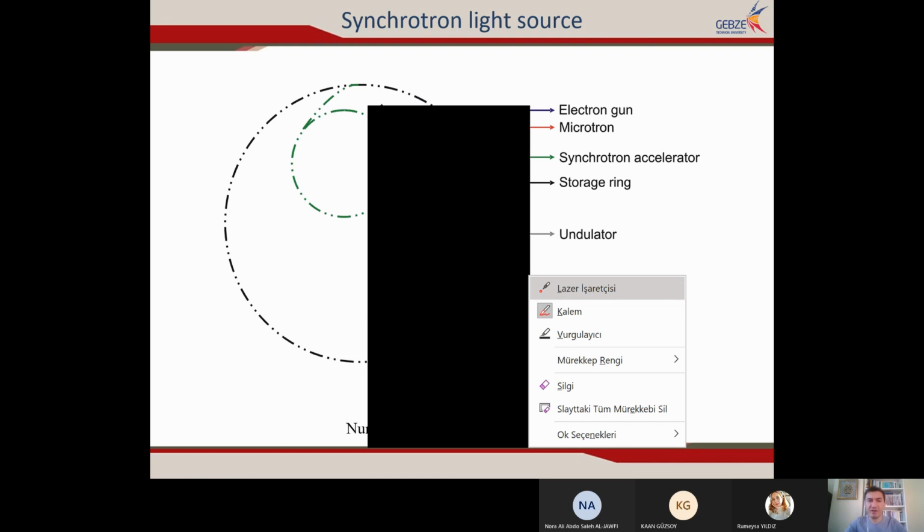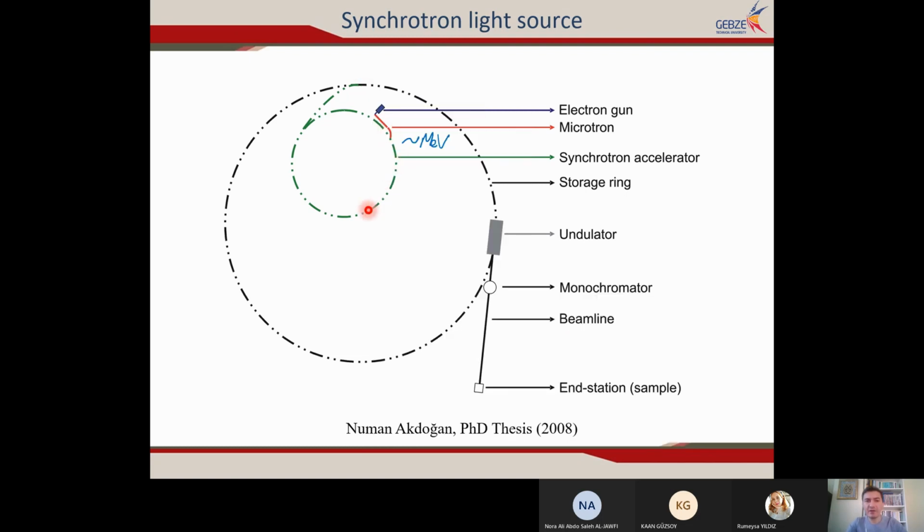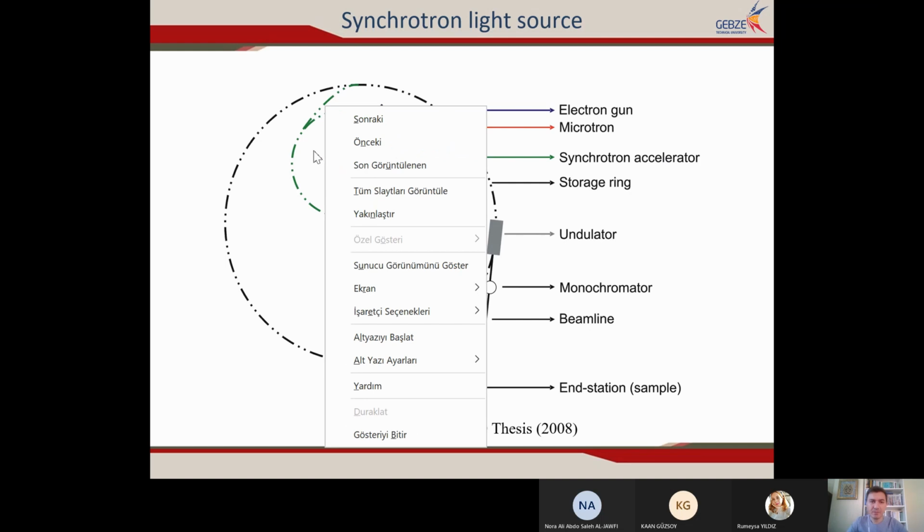In the linear stage. Then here we have a circular stage, which is called the Synchrotron Accelerator. So these electrons coming from the electron gun are accelerated up to MeV energies, and then they are injected into the Synchrotron Accelerator, this small ring here, and they are accelerated within this ring up to very high energies, giga-electron volts.